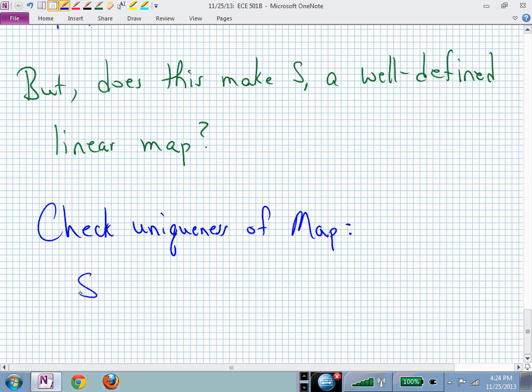To do that, we're going to offer up a statement and then see if we can actually prove that statement of uniqueness. Here's our statement.